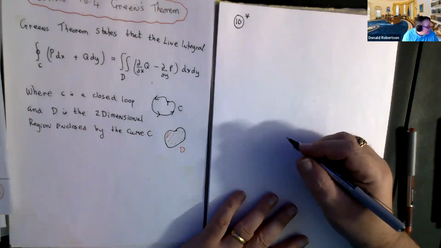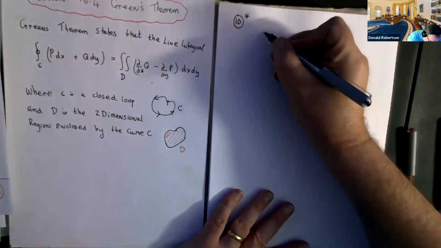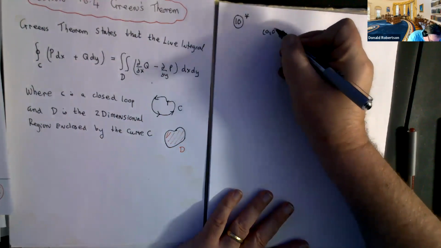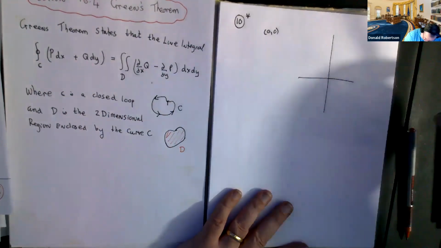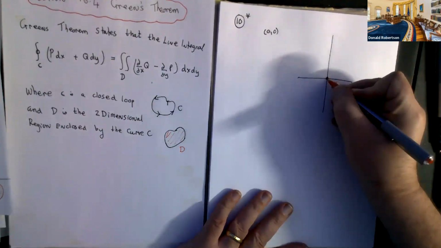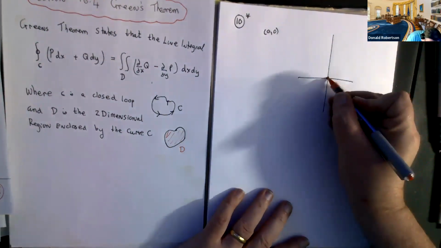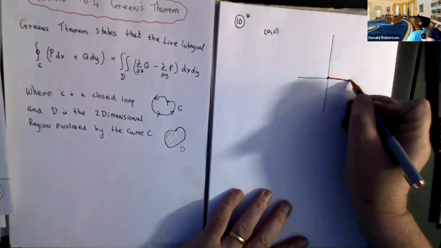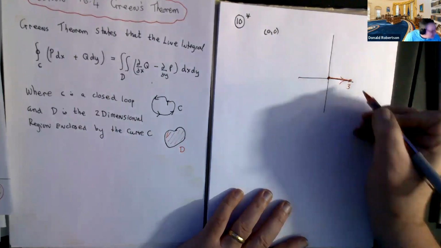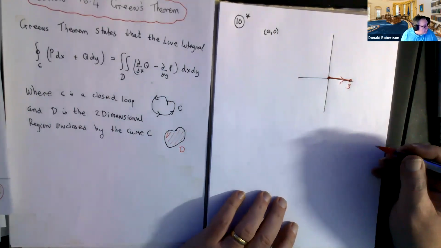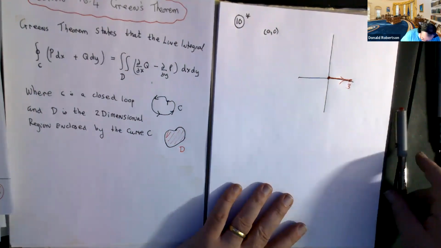Okay. A particle starts at the origin. Let's draw it. Starts there. It then moves along the x-axis to 3, 0. Then along the quarter circle, x squared plus y squared.